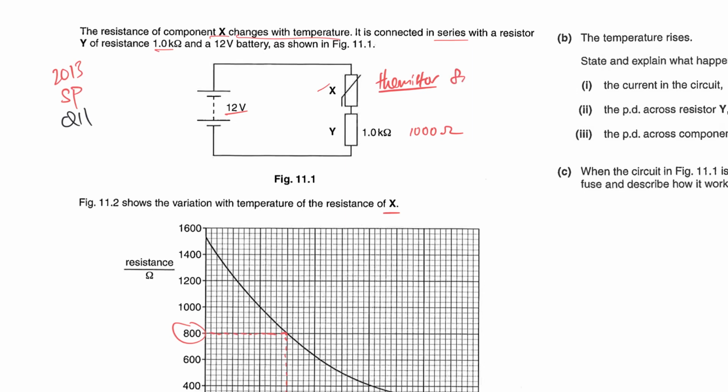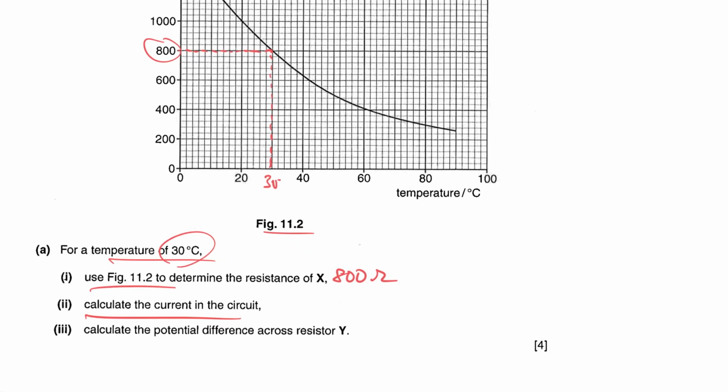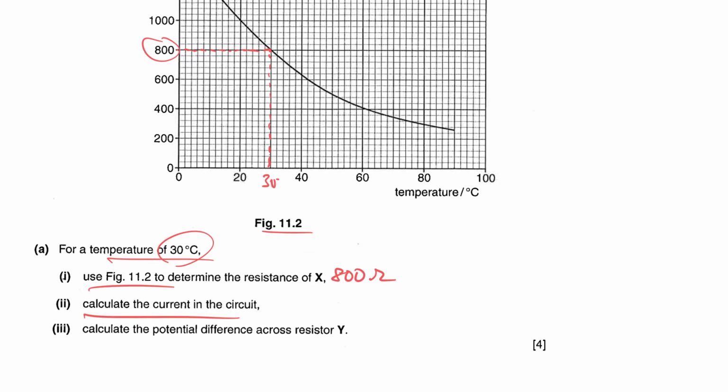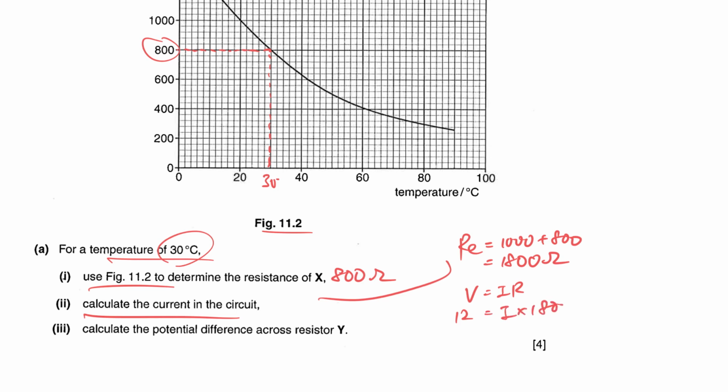Next, you are required to calculate the current in the circuit. You already know that X is 800 ohms and they're connected in series. So the first thing you need to do is to find the total resistance R, which is your 1000 plus the 800 for X, which is 1800 ohms. Then using V equals IR, the EMF is 12 volts, the current is what you want to find, and the total resistance is 1800.